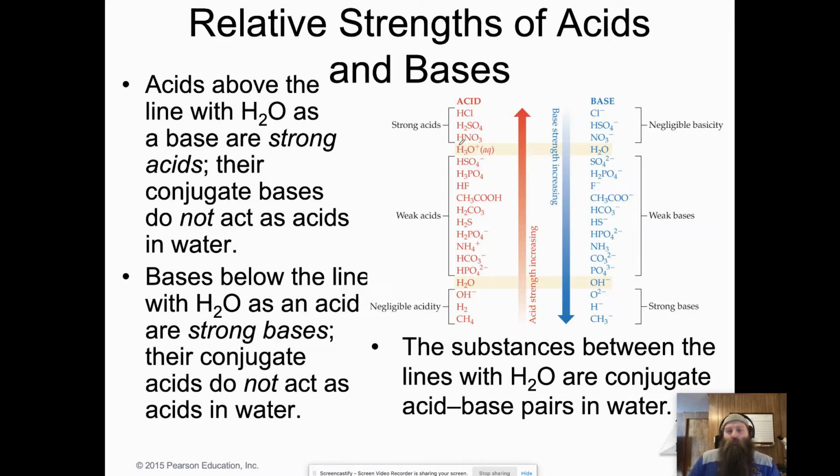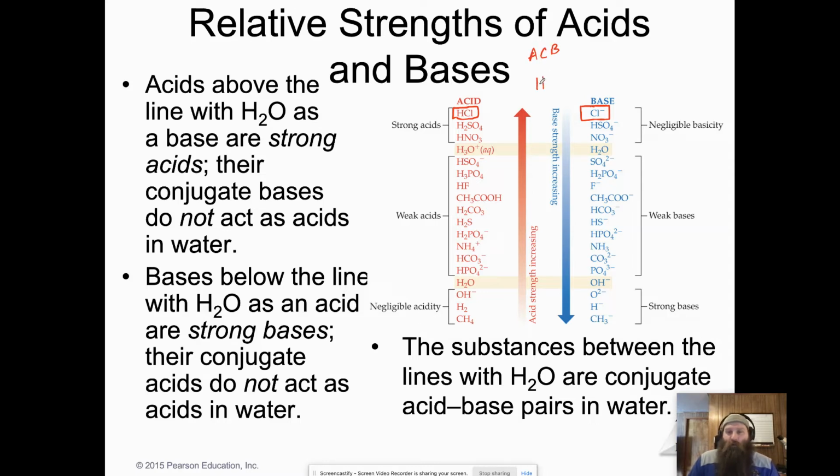And fortunately enough, there is this reciprocal relationship between acids and bases. So the stronger the acid is, in this case, let's look at HCl, the weaker its conjugate base is going to be. So remember, acid, conjugate base.